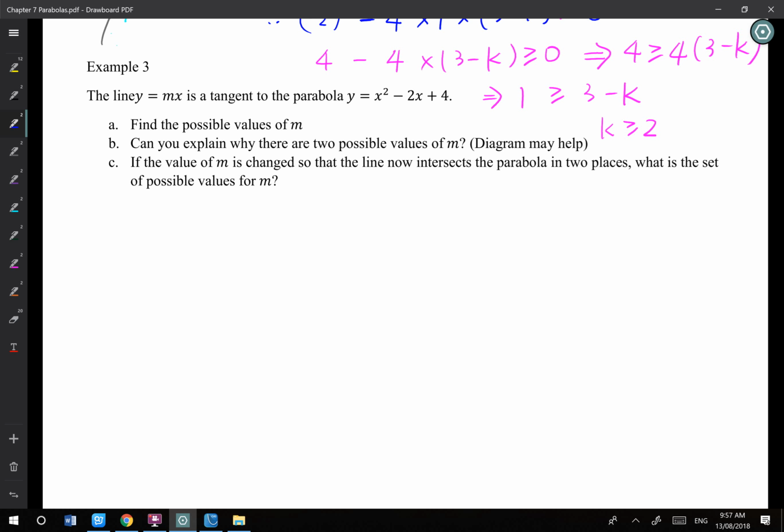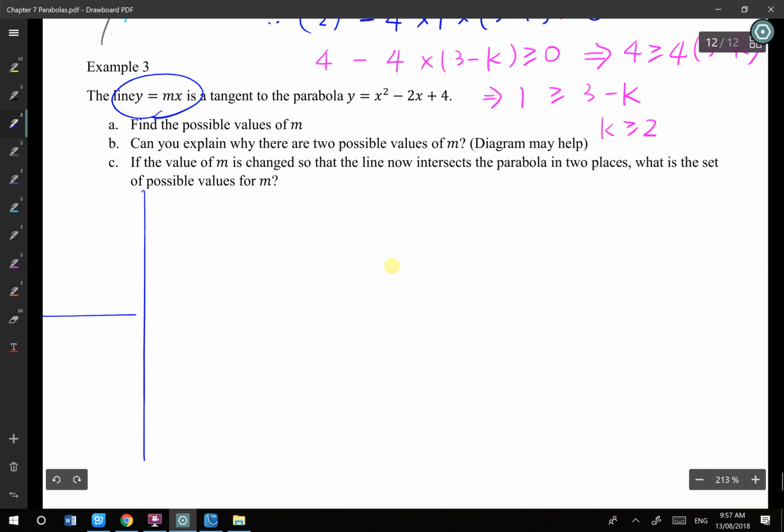M is called what? Gradient. When you change your gradient, what might your graph do? What's the y-intercept in this question? For this graph, it's 0, 0.